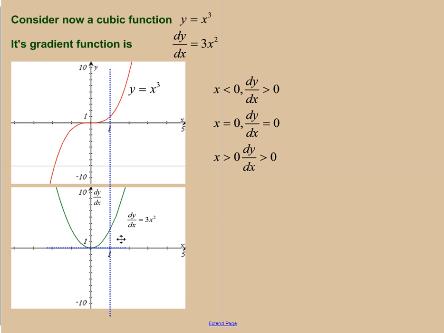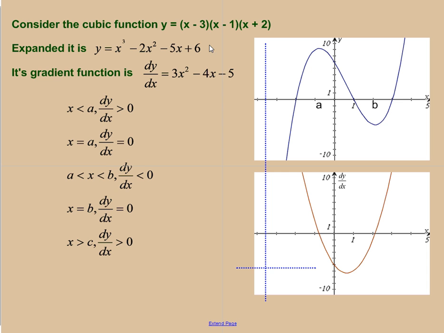At x equal to 1, if I move it up, we see it has the value of 3, which is what we expect when we substitute in x equal to 1. So when x is negative, the derivative was positive, the slope was positive. At x equal to 0, the derivative was 0. And for positive values of x, the derivative is positive again.